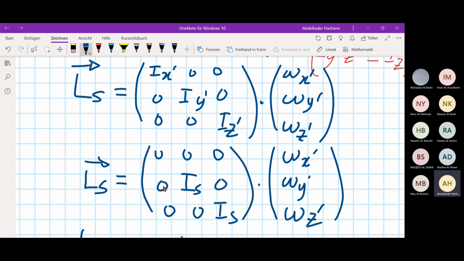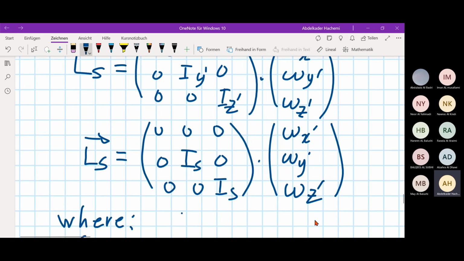Second component, we have 0 multiplied by omega x prime, is omega y prime, this is the second component. The third component will be also 0, as omega z prime is equal to 0, okay?